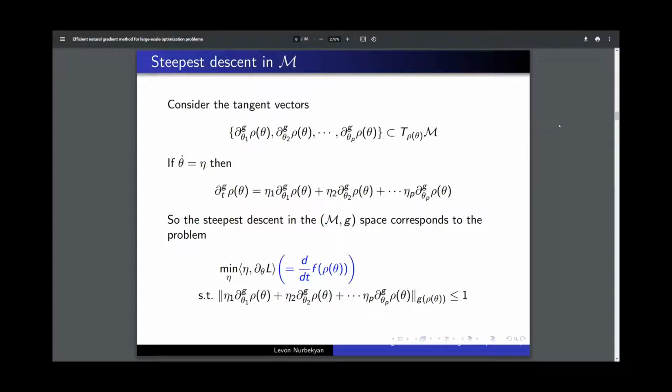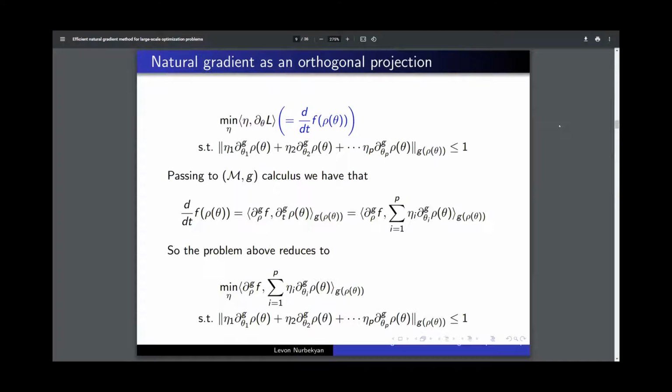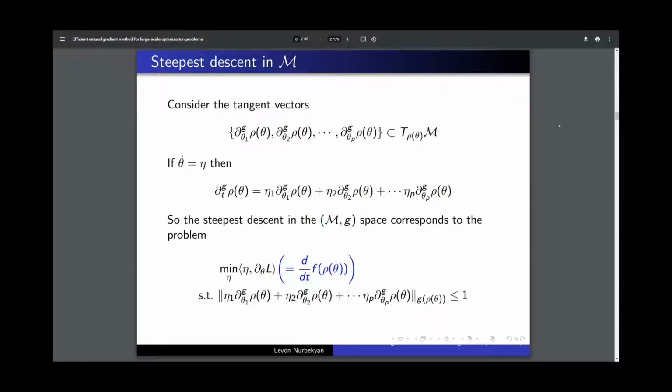So how do we formulate this mathematically? Well, the key idea is to look at so-called tangent vectors on this manifold. So what is it? We take theta, and let's say theta traverses the parameter space. Then rho theta, which is our forward model, traverses the model space M. And so these fundamental tangent vectors tell us how our forward model traverses the manifold.